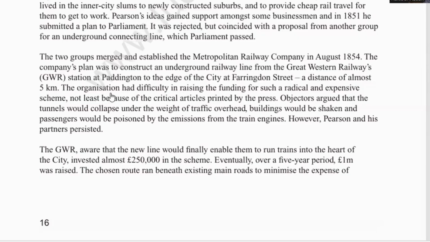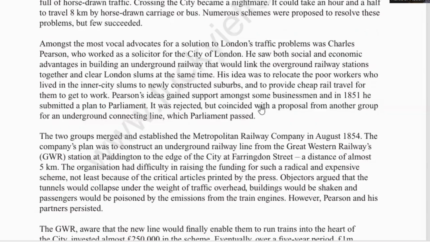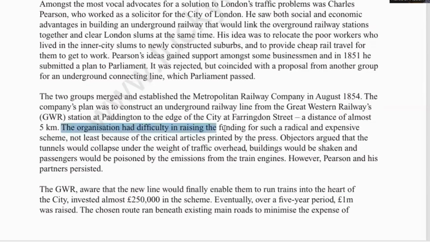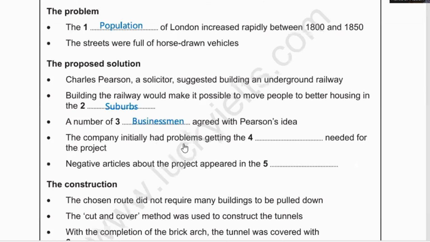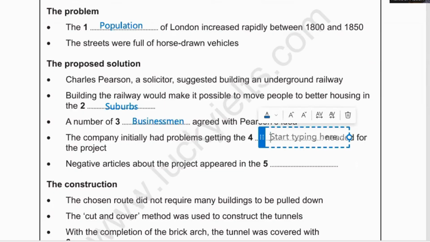The organization means the company. So the answer is funding.